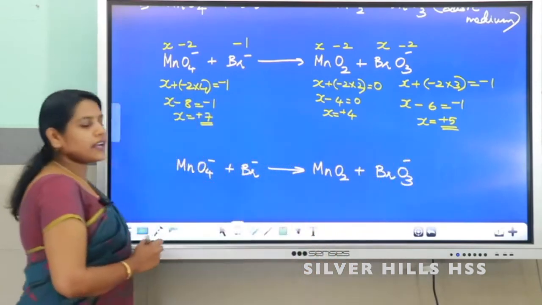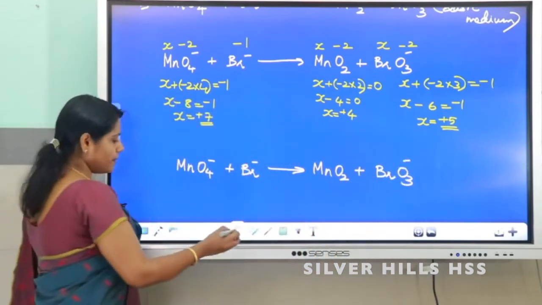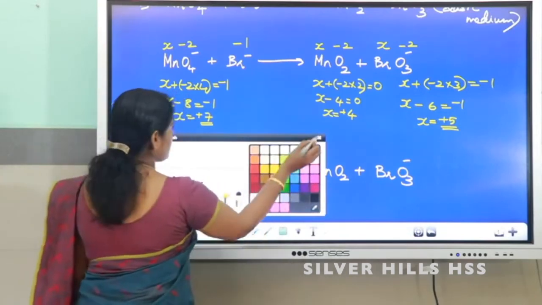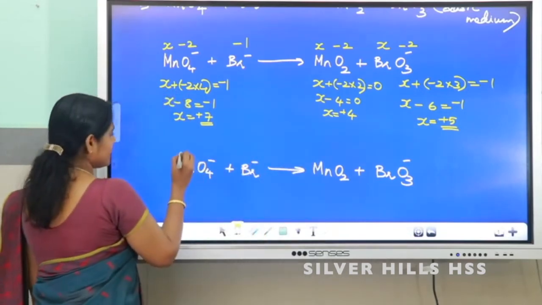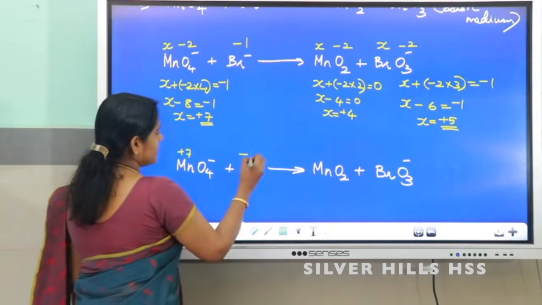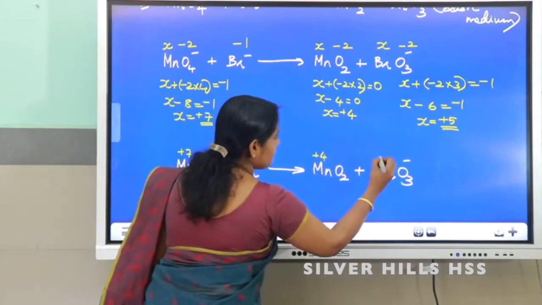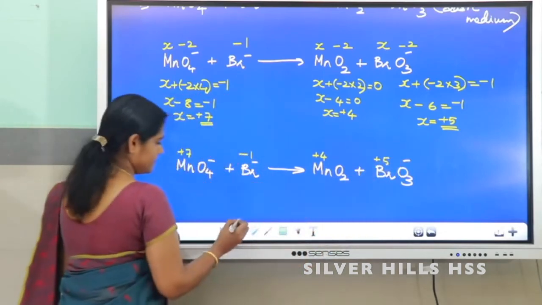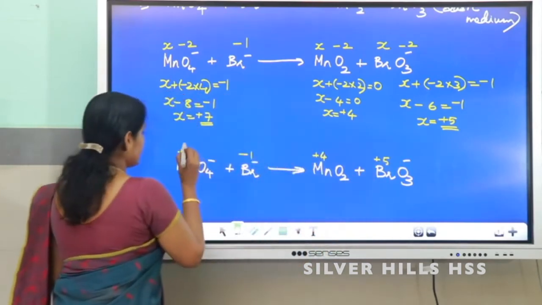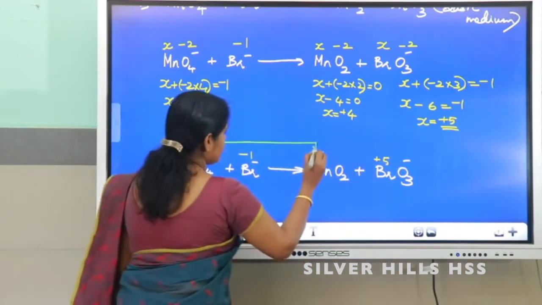So identify the elements which undergo a change in oxidation number. Here we can see that manganese is +7, bromine is -1, this manganese is +4 and here the bromine is +5. +7 becomes +4.